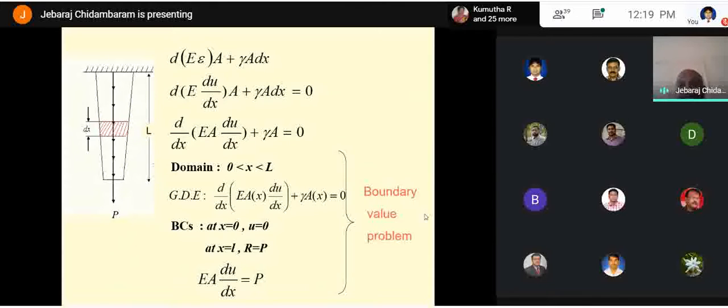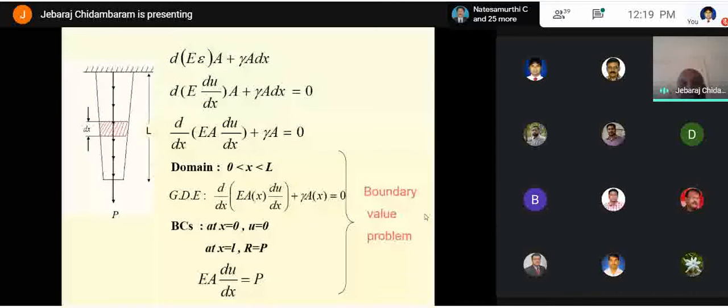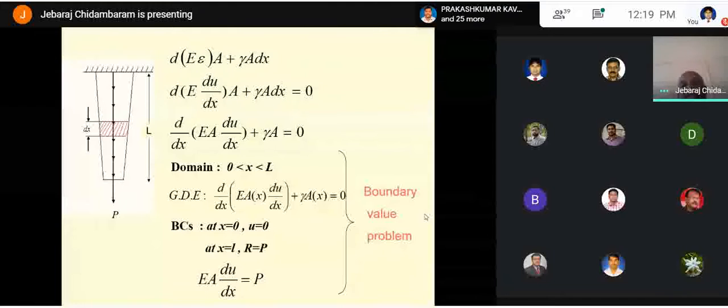So the mathematical problem formulated by this equation is representing your dining room table leg problem. Dining room table leg, you have taken a small segment and you set that segment under equilibrium.